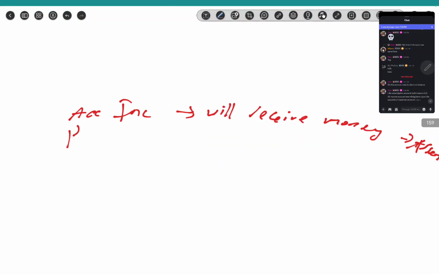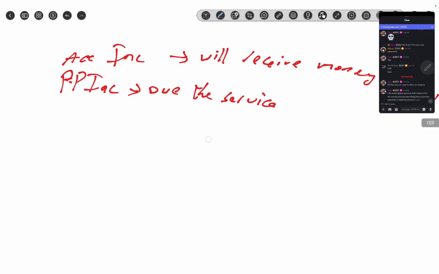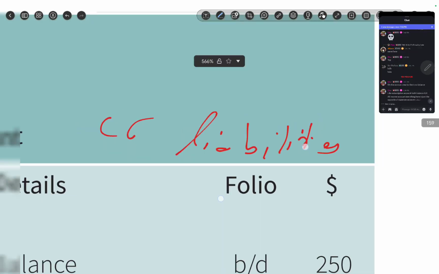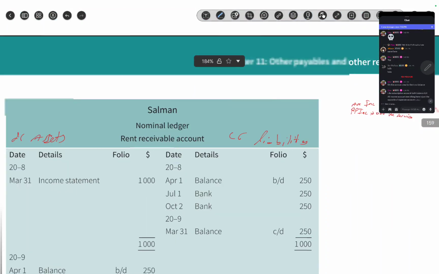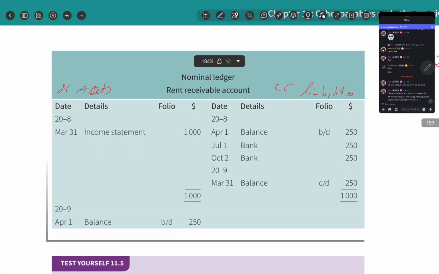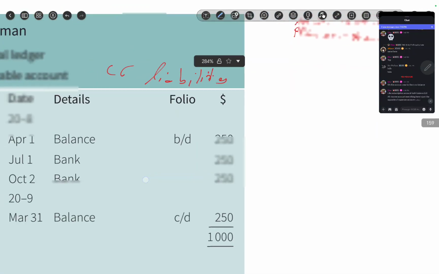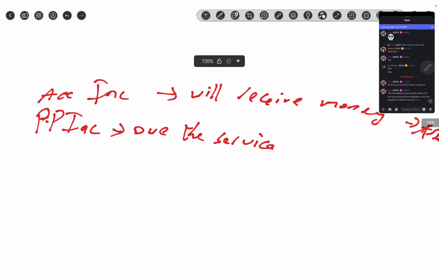And prepaid income is that you owe the service. So if my income account is rent receivable account, meaning that someone is coming to me and taking part of my office as rent, they already paid me the money and now I have to give them the service.